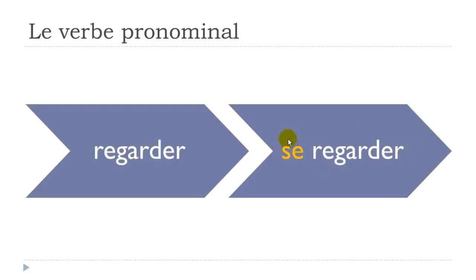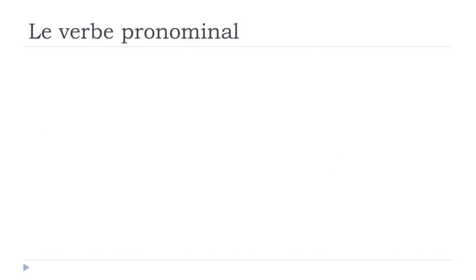Le verbe pronominal will be constructed all the time with this se before the verb. Se regarder, okay? And this se will basically change the meaning of the verb because regarder, to look, to watch, se regarder, to look at oneself, okay?